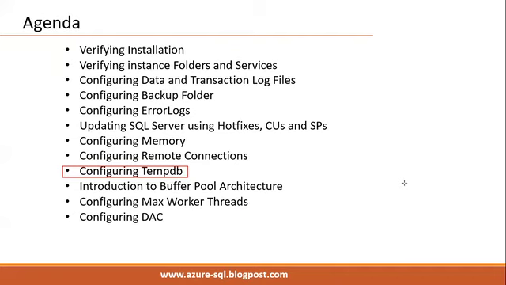And second point, remember, the TempDB file should be placed in a separate hard disk which has the highest RPM. RPM is nothing but rotations per minute or revolutions per minute, means whose disk IO is very high.